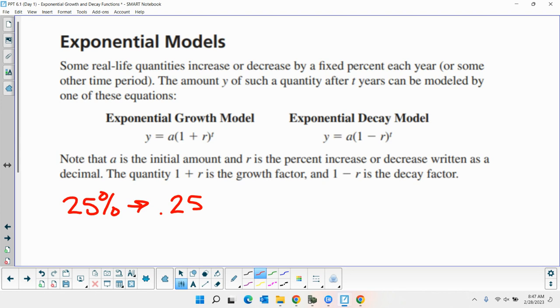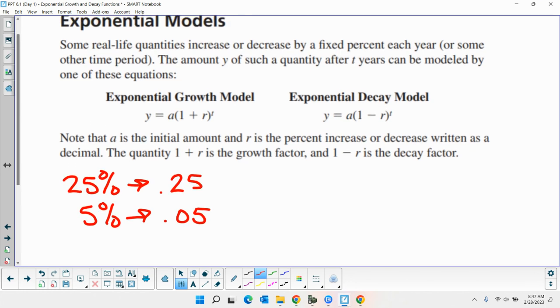You're going to move that decimal point 2 places to the left. What about 5%? What's that as a decimal? 0.05. Good. What about 1.5%? 0.015. We good on that?